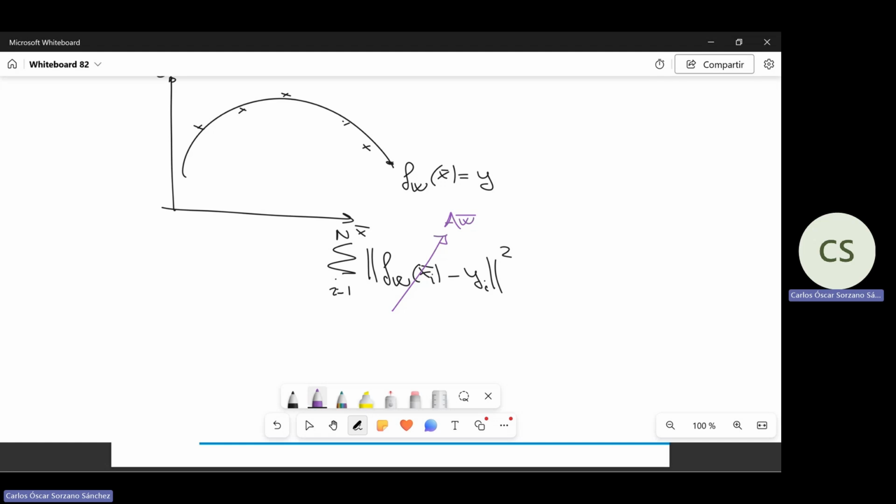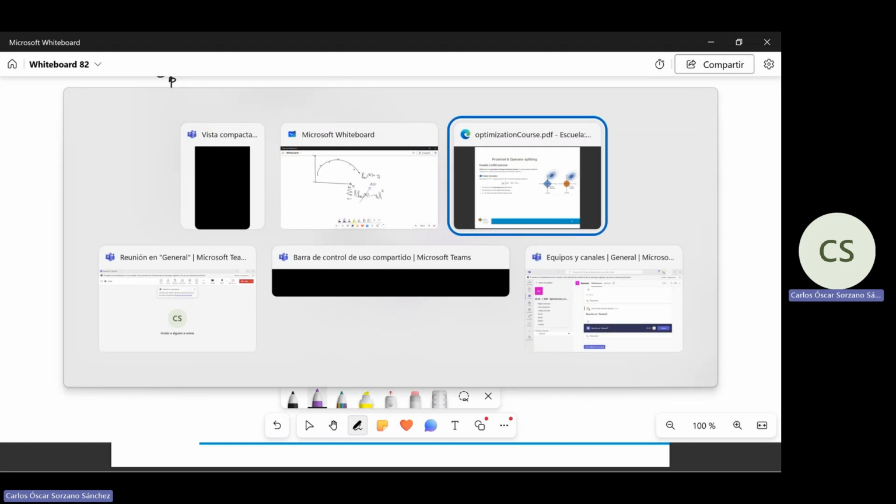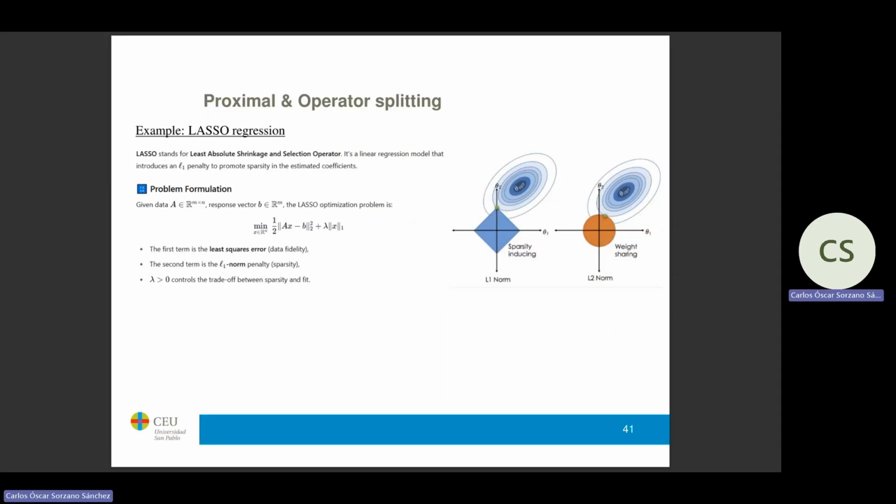So in many problems, we have this kind of structure. So we have a linear model, so a linear transformation between your weights. Here the X are the parameters of the model. So in my example, it was W. AW must be equal to some measurements.